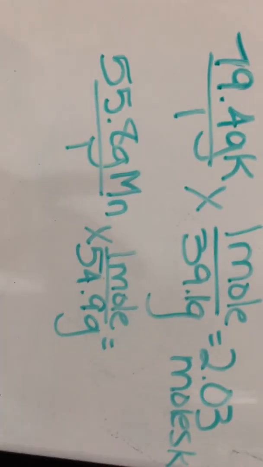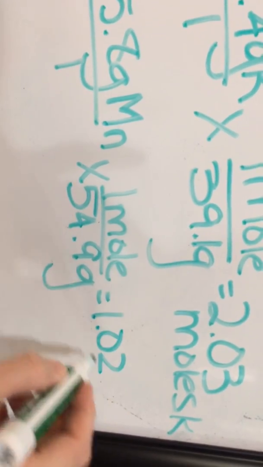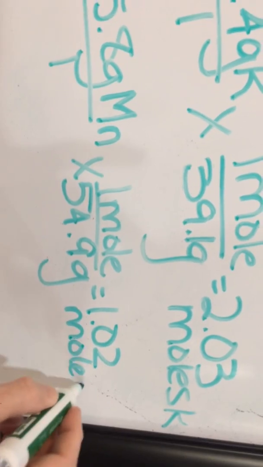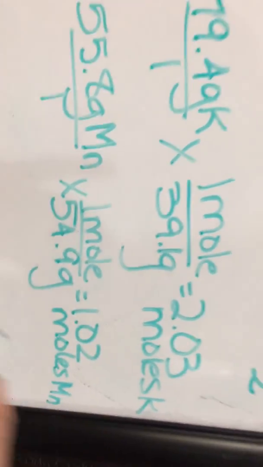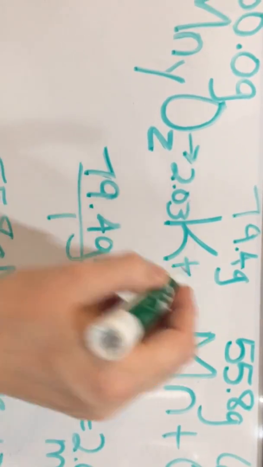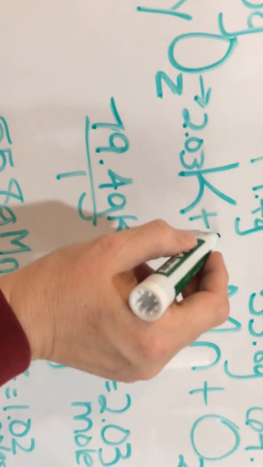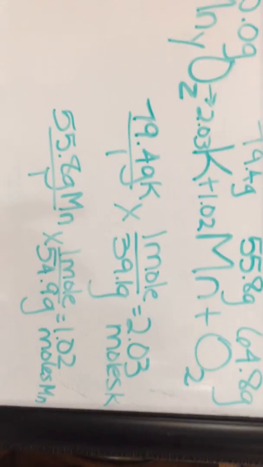Again, I need 3 significant figures. So I have 1.02 moles of Mn. I'm going to go up here and put it as my stoichiometric coefficient: 1.02.